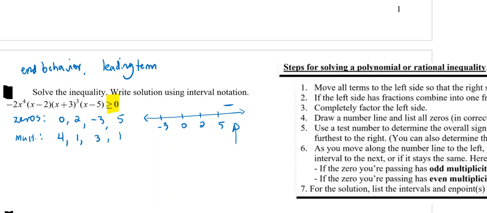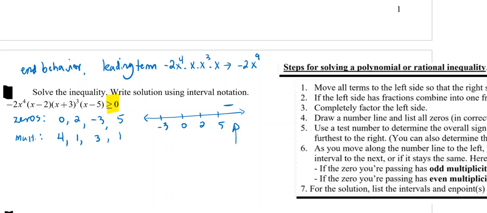The leading term is that negative 2x to the fourth. It gets multiplied by x to the first power, times that x cubed when it gets expanded, times that x to the first power. So that is negative 2x to the 4, 5, 8, 9th power.